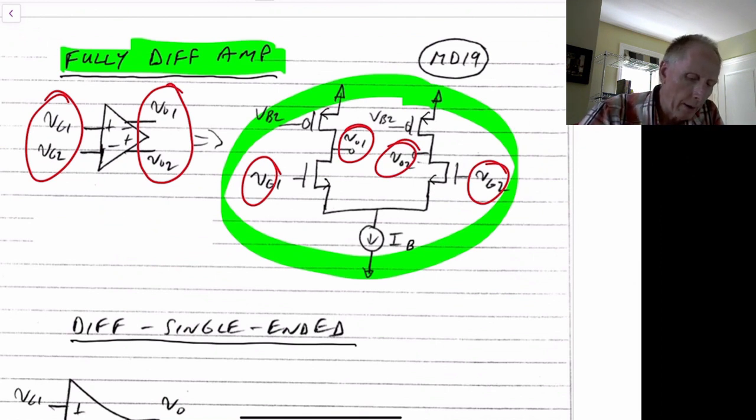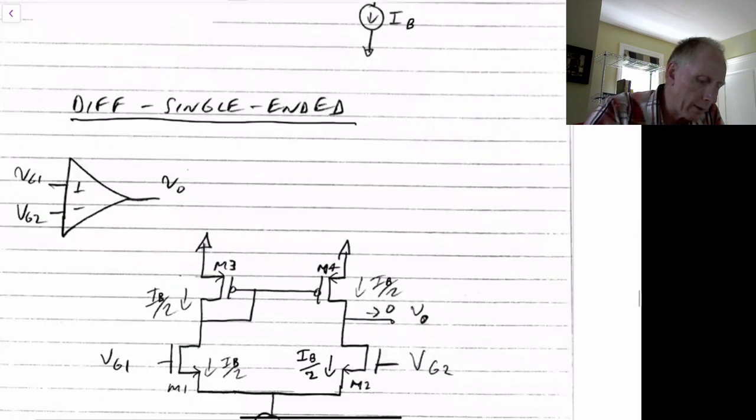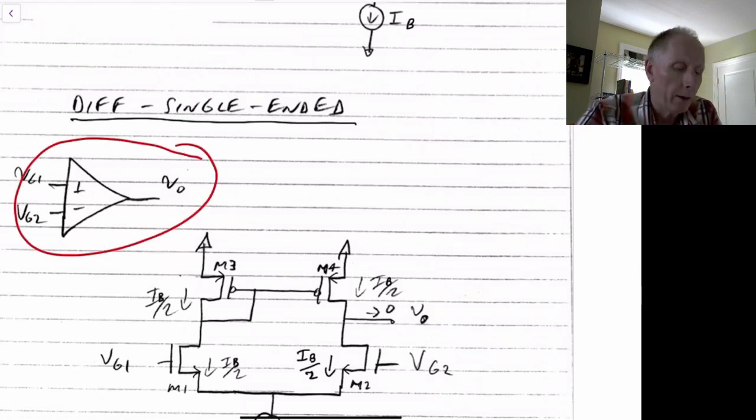However, in many cases we want an amplifier that looks something more like this. So it would have a differential input, but a single-ended output, in this case, Vout. The way to build a circuit like this is shown here.